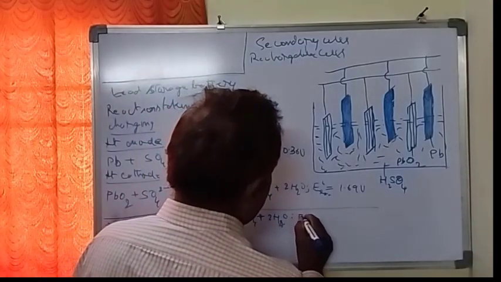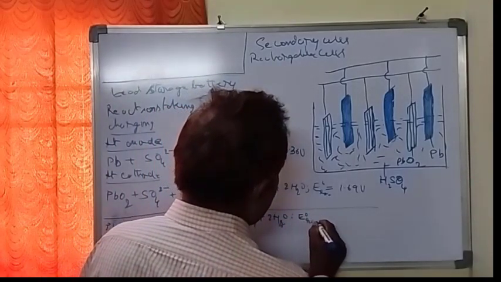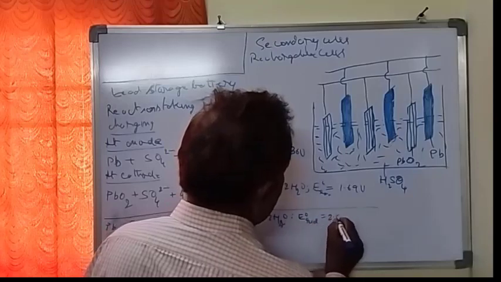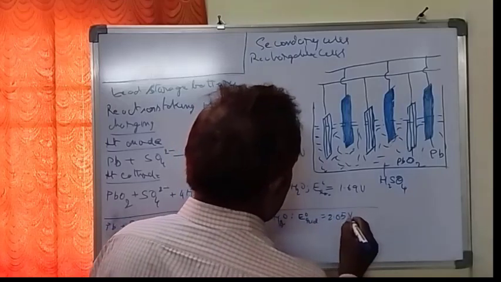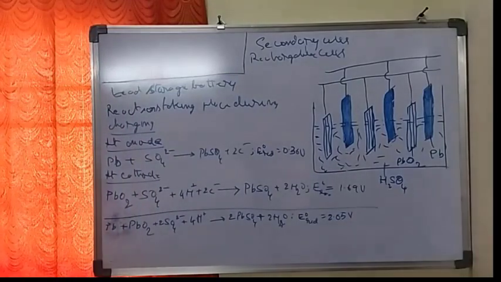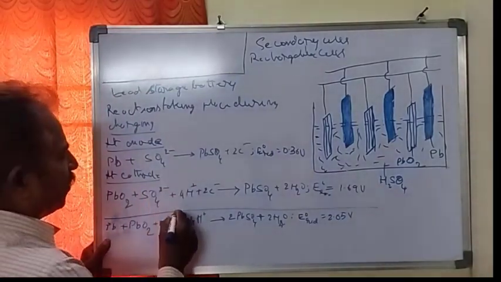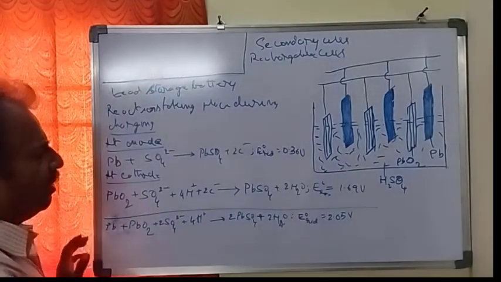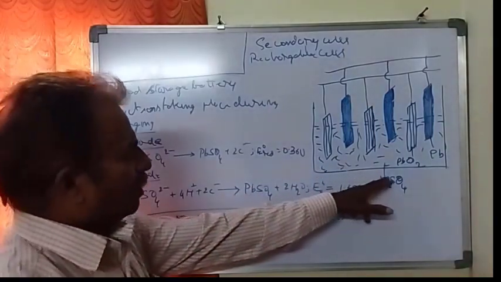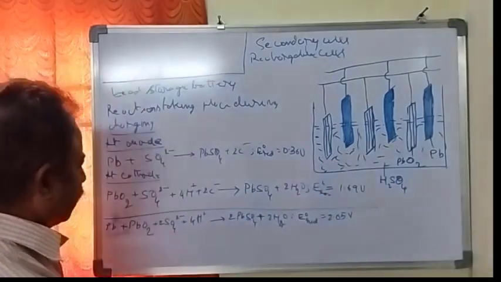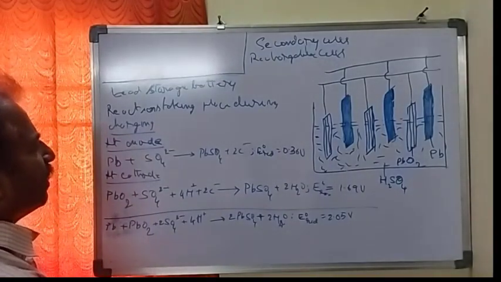If you add these, E0 reduction is equal to 2.05 volt. So this is charging. As the cell is continuously working, the concentration of sulfuric acid decreases and PbSO4 coats on the electrodes.